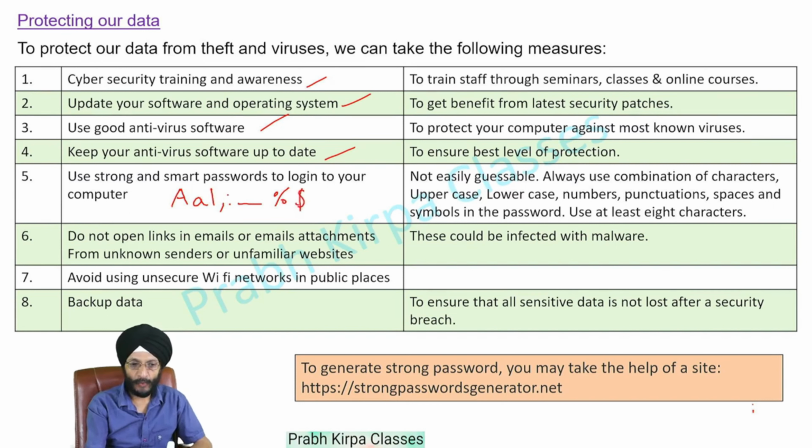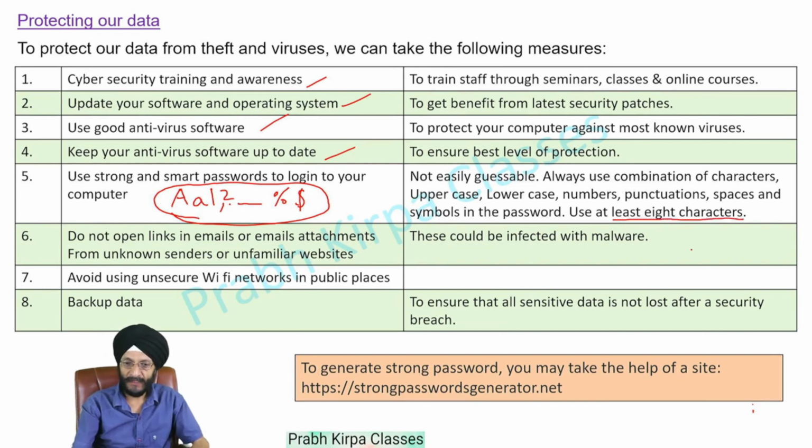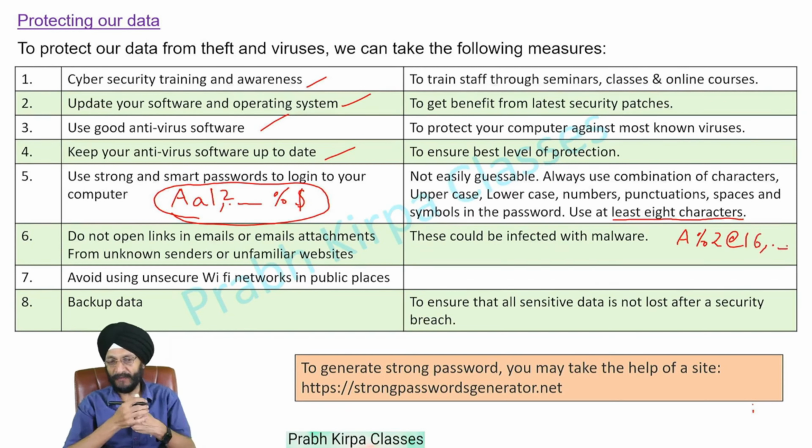That is, we have to use all these in making a password. For the purpose of making a password, we should use at least 8 characters. For example, we can make a password of this type, which is not easily guessable.